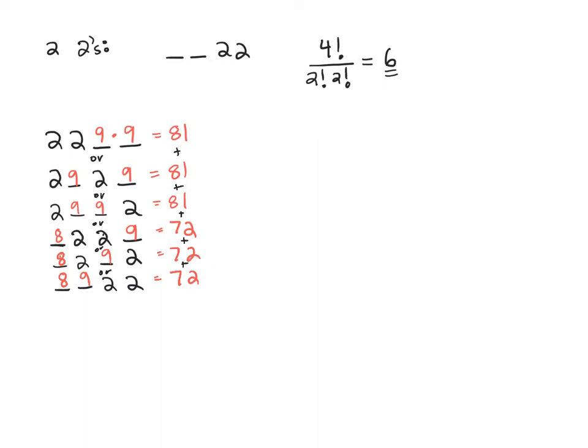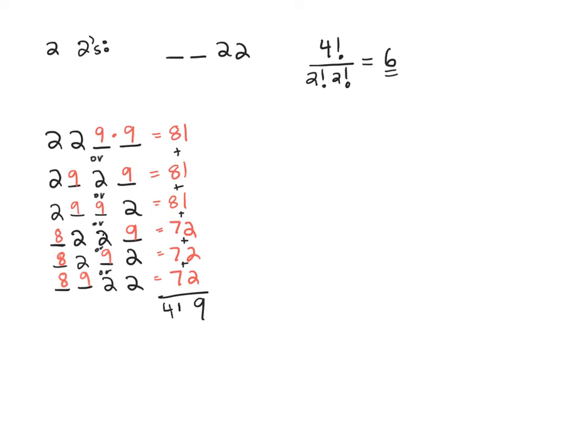So 3 81s plus 3 72s. So let's just do this very quickly. So my 1's digit is 9. My 10's digit is 8 plus 8 plus 8 is 24. 7 plus 7 plus 7 is 21. 24 plus 21 is 45.